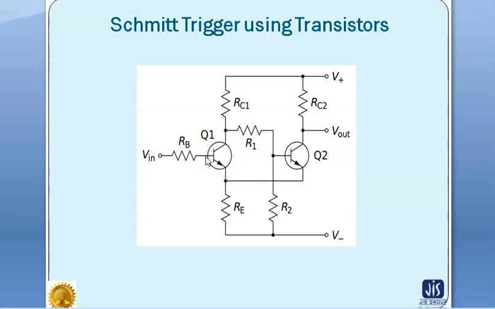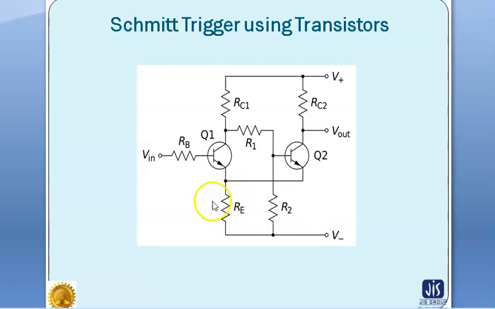Here the input voltage is applied through a resistor RV to the base of transistor Q1, and the emitters of both transistors are connected to ground potential through an emitter resistor RE.